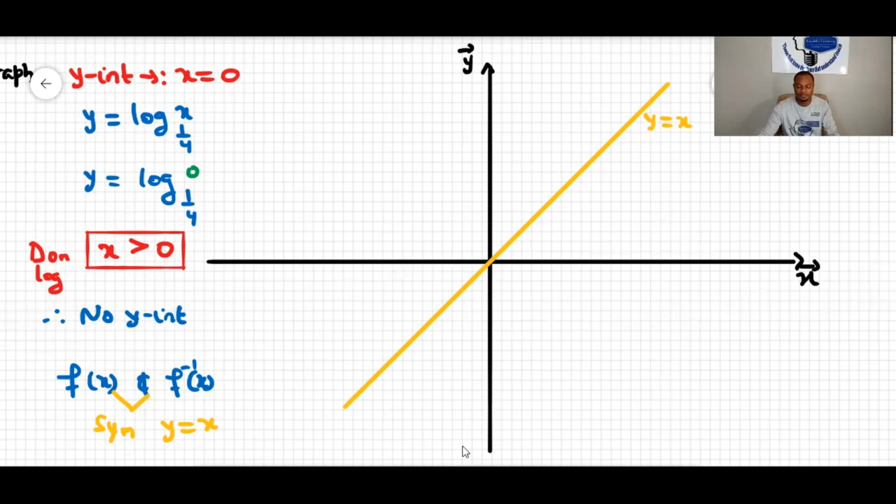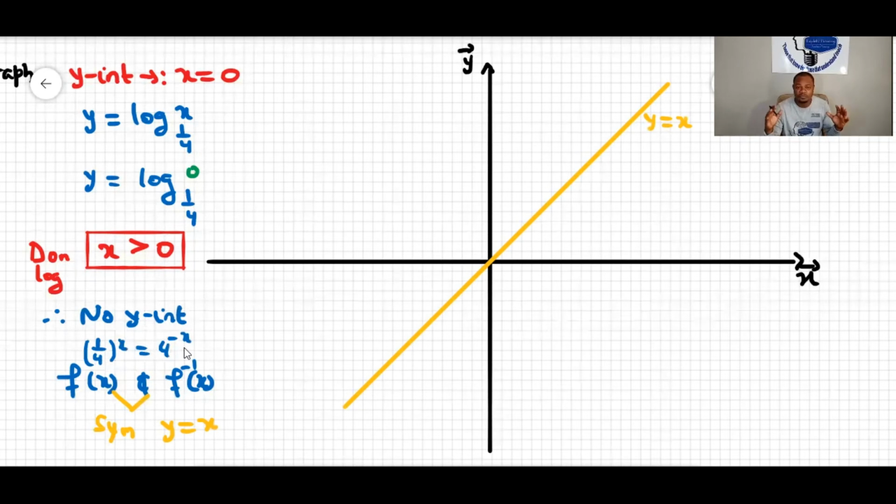Now, I do know about f of x, because f of x was given to be a quarter to the power of x, right? And this is the same thing as 4 to the negative x. This type of exponential function is a decreasing exponential function. It starts from up and goes down, and it also passes through the number 1.